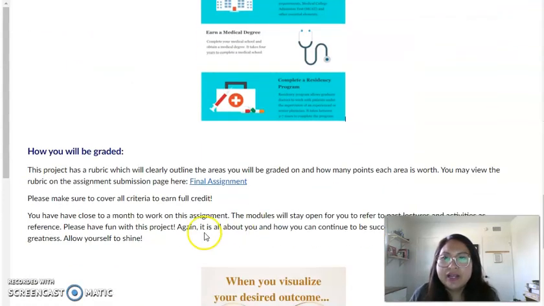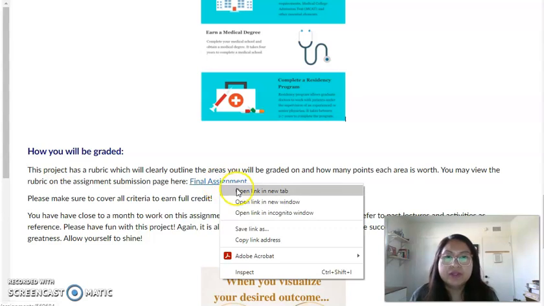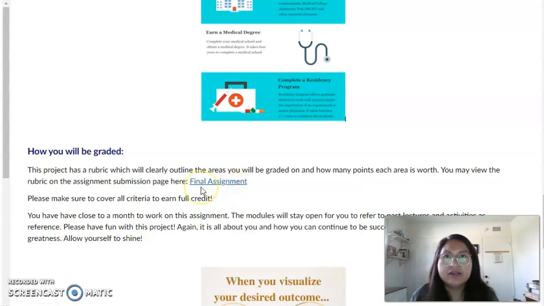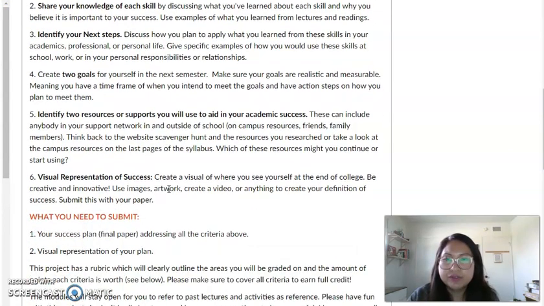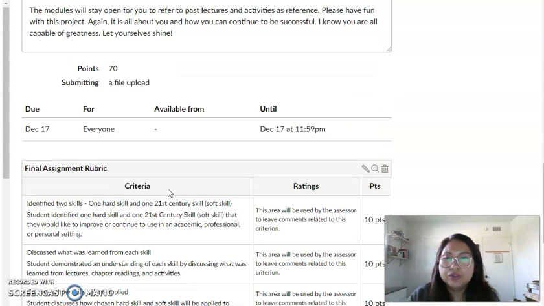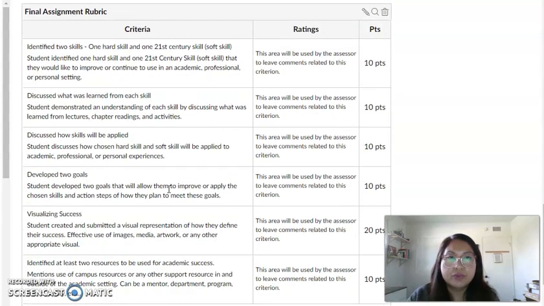Lastly here, how you will be graded. So there will be a grading rubric for the final assignment that you'll be able to access by clicking on this link here, the final assignment link, and that will take us to the actual assignment submission page. And if you scroll to the bottom, you'll find the rubric.